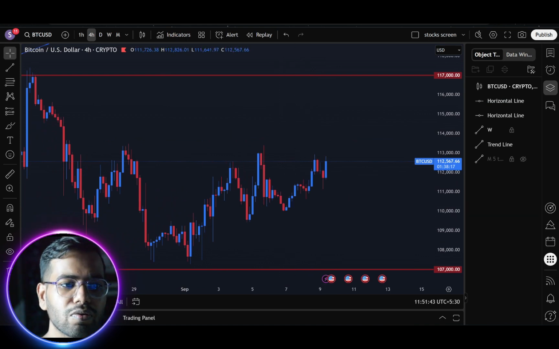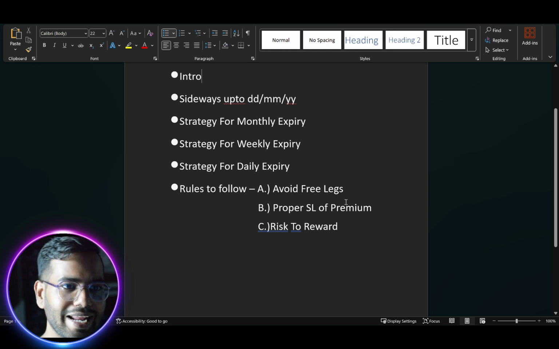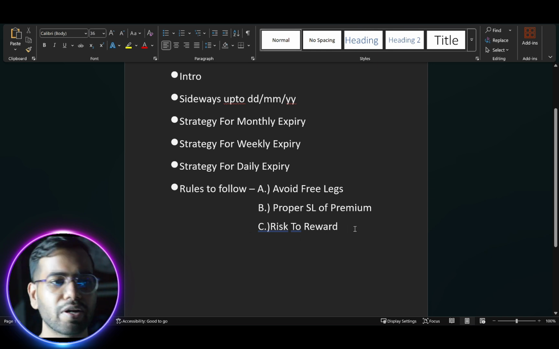So you have to follow these rules properly: avoid free legs, a proper stop loss on premium should be set beforehand, and risk to reward should be maintained, which is a very good 1:1 risk to reward.